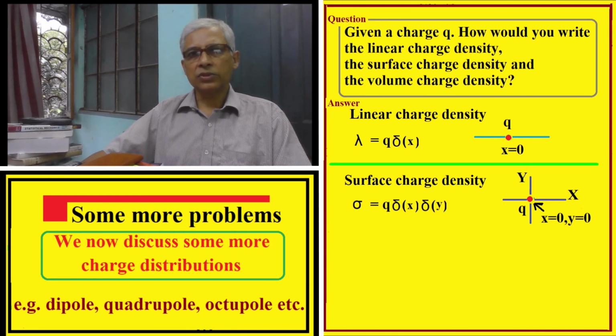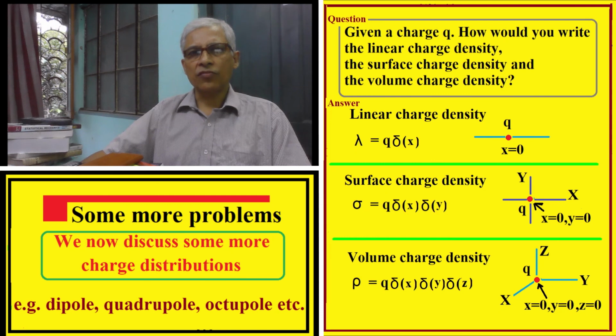Again, if we suppose that the charge Q is at the origin of a 2D Cartesian coordinate system, then the charge density becomes Q into Dirac delta of x into Dirac delta of y. And the expression of volume charge density involves the presence of another Dirac delta, namely Dirac delta of z, as we assume that Q is at the origin of a 3D Cartesian coordinate system.